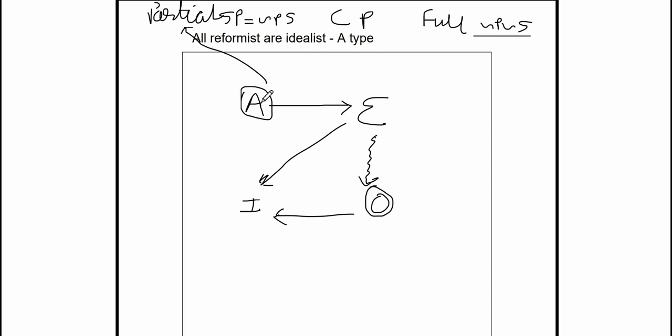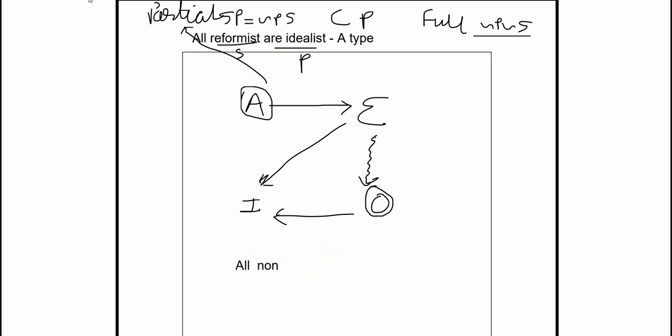This is A type, so A will remain in A. Once we know that A remains in A, we write "all," and the subject and predicate are interchanged and they become non. In this example, this is the subject of the original and this is the predicate of the original.